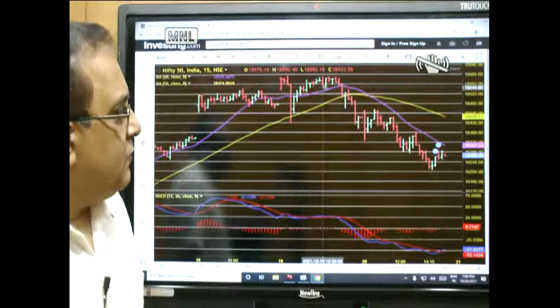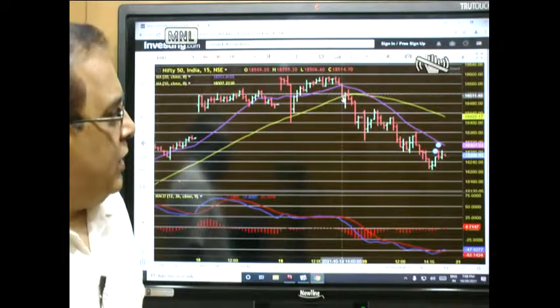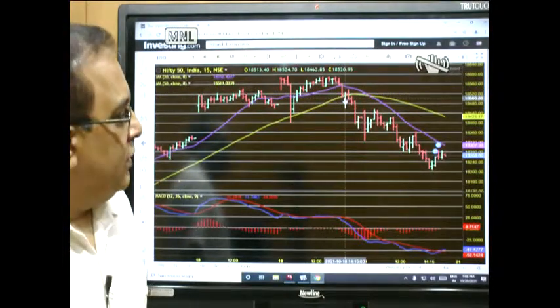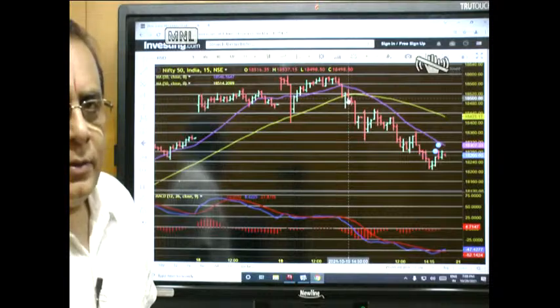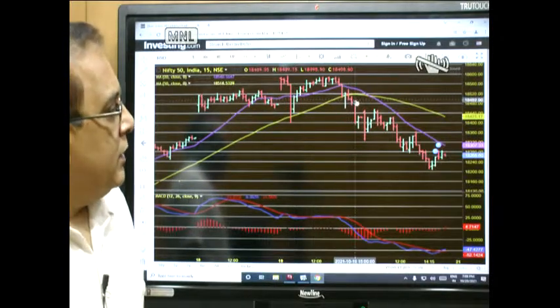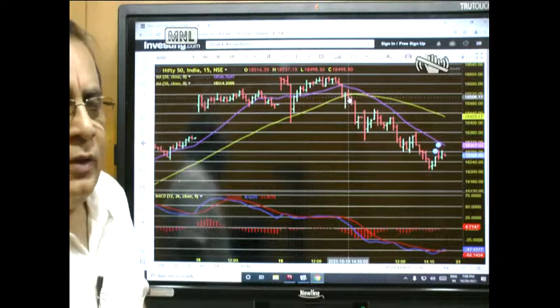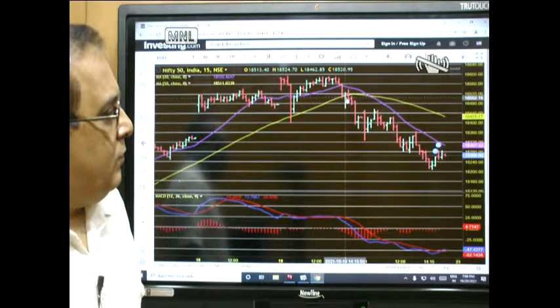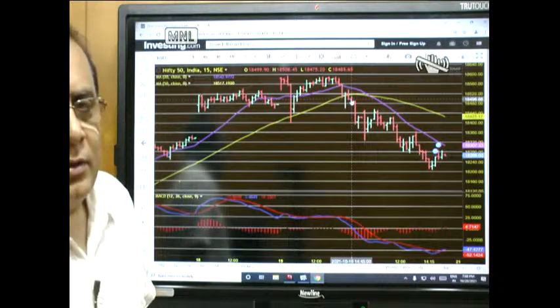So in the 15-minute chart, if you look at it, now it goes here, it goes here. Okay. After this, we see this particular bar. Now this bar, when the low is broken, then that means this has a high which is higher than the previous bar high, and this is high which is higher than the previous bar high, right?